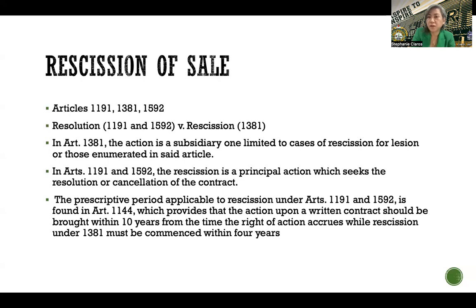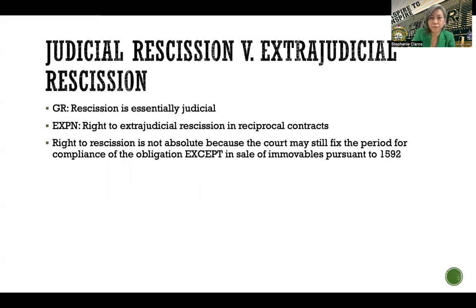In Articles 1191 and 1592, the rescission is a principal action which seeks resolution or cancellation of the contract. The applicable prescriptive period is 10 years from the date that the cause of action accrues. While in rescission under Article 1381, the action must be commenced within 4 years.